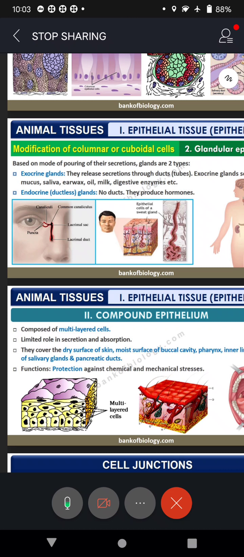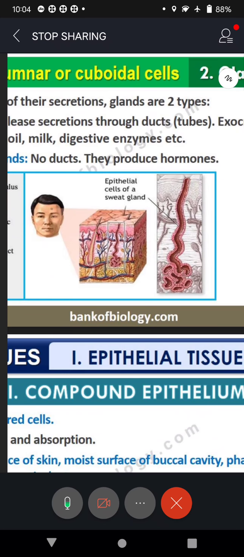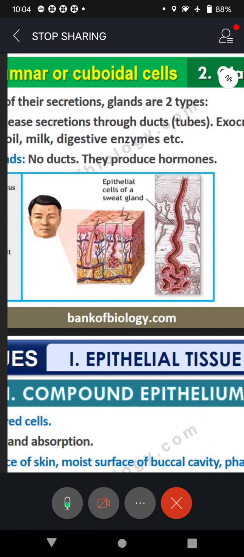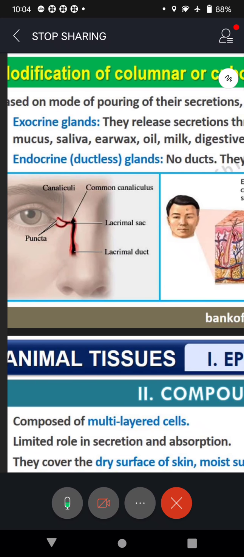Next, the glandular epithelial tissue. Based on the mode of pouring their secretion, glands are of two types. Now we know that a gland is a group of cells that secretes something, some juices, be it hormone or anything. So where exactly are they secreting, outside or inside? Based on that, glands are of two types: exocrine glands and endocrine glands. Look at that, exocrine, E-X-O-C-R-I-N-E.